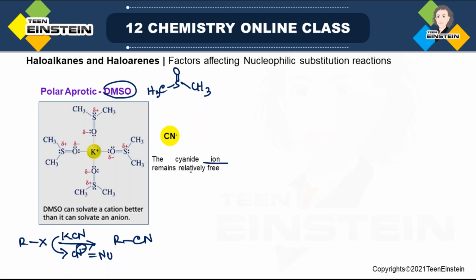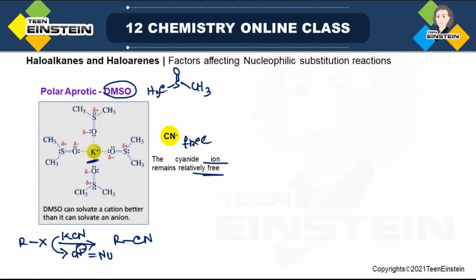So the cyanide ion must be relatively free. So the solvent should be such which will stabilize only the positive part, not the negative part of the reagent. Then only it can remain in free condition. See, there is no stabilizing factor from solvent. It is completely free and it is a very good nucleophile.